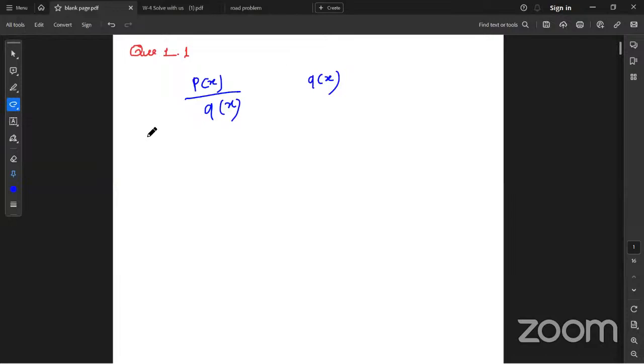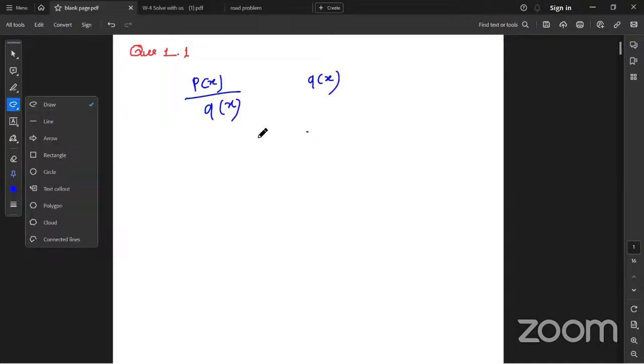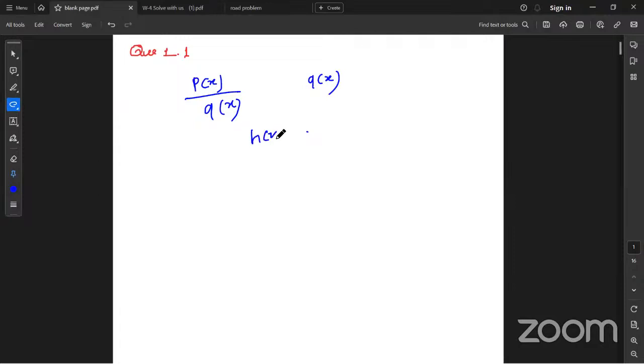Whenever you divide p(x) by any polynomial q(x), you will get some quotient, say q1(x), and for this question it is h(x). You will also get another polynomial r(x), which is known as the remainder. Then you can write p(x) like this: q(x) into h(x) plus r(x), right?